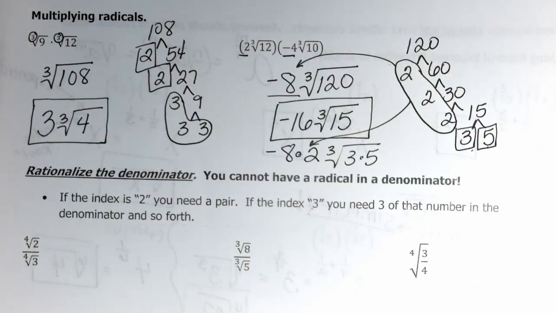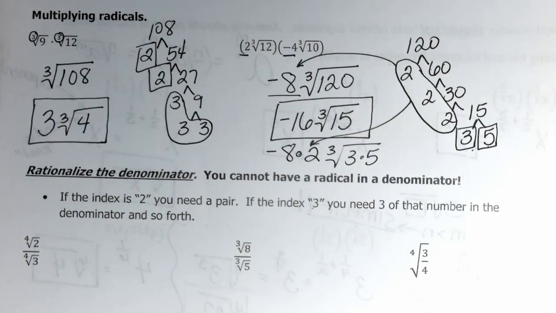Alright, rationalizing. You did very minimal rationalizing in Algebra 1. I remember we reduced that because that's a hard concept when you're in Algebra 1. Okay? Then in geometry, I know you did it with special right triangles, 45, 45, 90, 30, 60, 90 triangles.